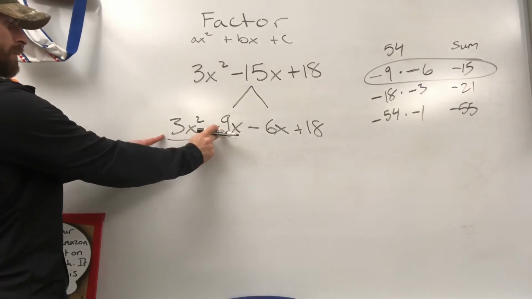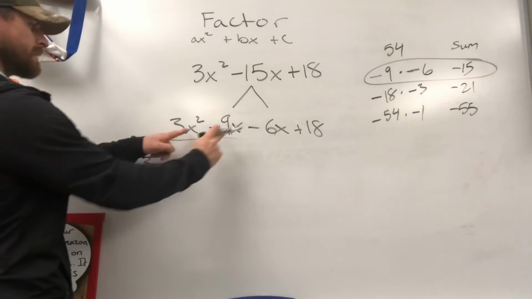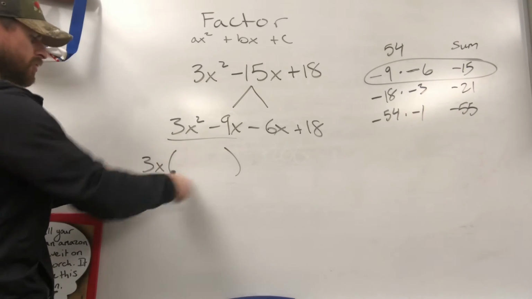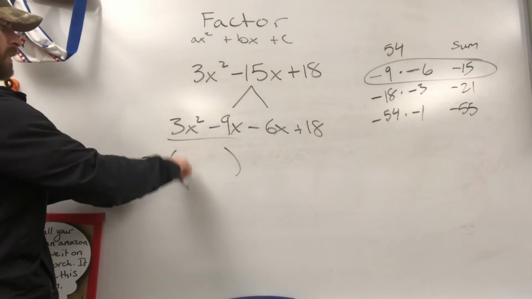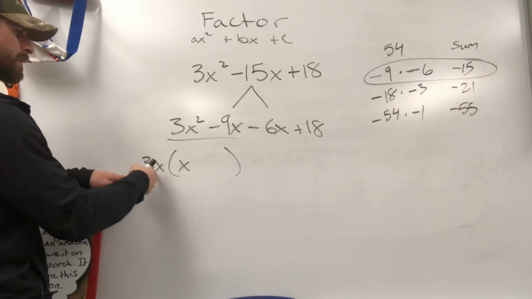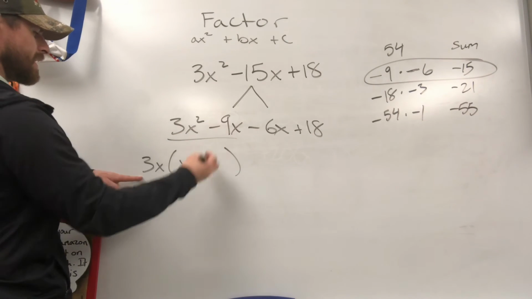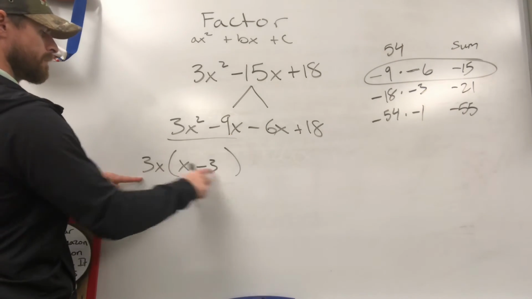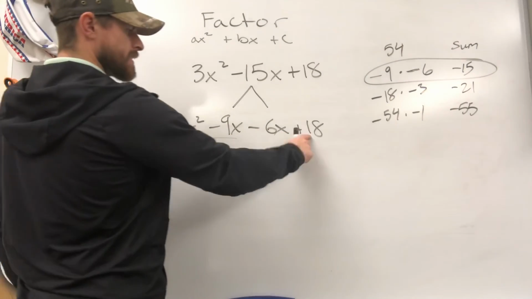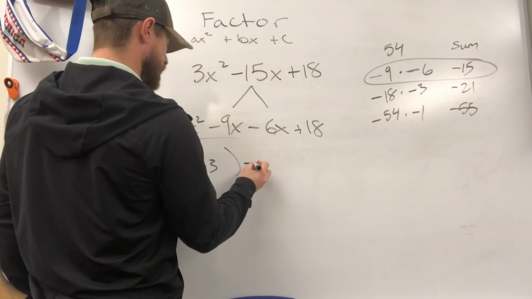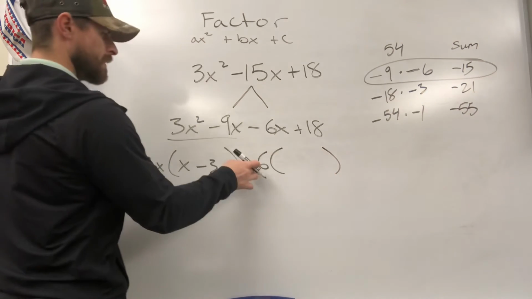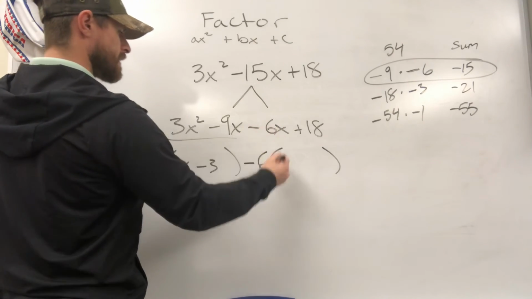What are 3 and 9 both divisible by? 3, they each have an x, bring the x out, and undo the distributive property. 3x times what makes 3x squared? 3x times what makes negative 9? Negative 3, and we already have the x, so we're good. Negative 6 and 18 are both divisible by a negative 6. Negative 6 times what makes negative 6x?